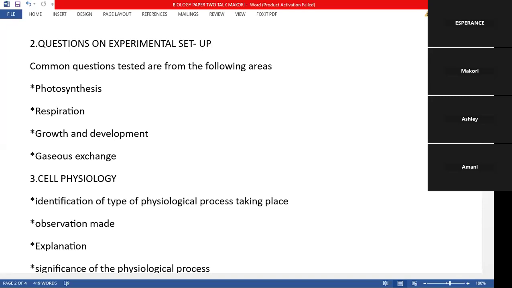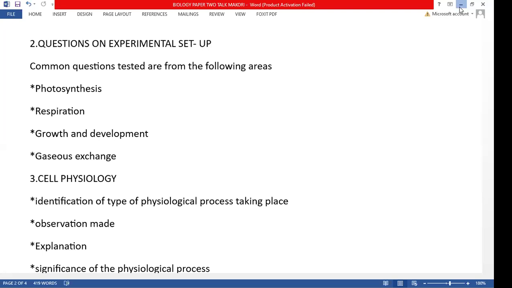What they normally ask is the objective. In this one, you were asked to identify the process being investigated. Of course, the process is respiration. Some students can argue that the process occurring here is gaseous exchange, but if we mention gaseous exchange, we should show the direction in which the gases move, from where to where.